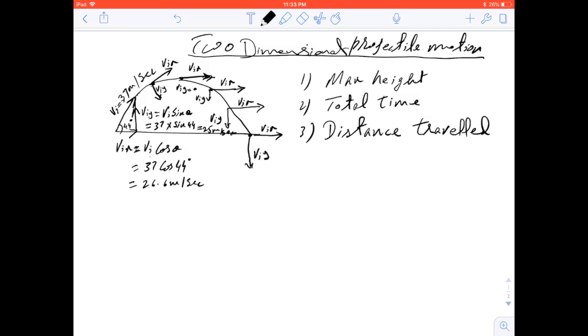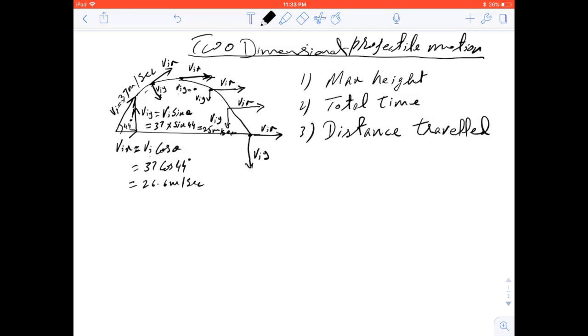At the time of launch it is maximum, but gradually at the highest point, at the maximum height, the velocity of the y component is 0, but the x component will remain constant.